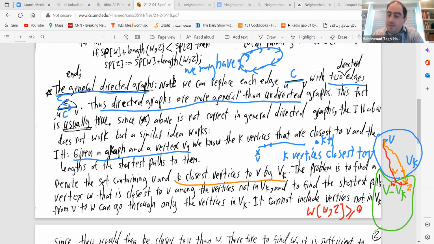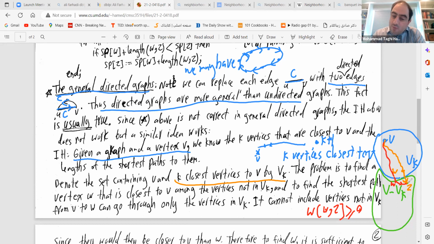So in that case, we are saying that if there is this vertex Z, and the vertex just before that belongs to V minus Vk, then we can consider W. If the vertex before Z is W, then we can consider the vertex W and make this argument, because the path from V to W is less than or equal to the shortest path from V to Z. So that's the main critical point.